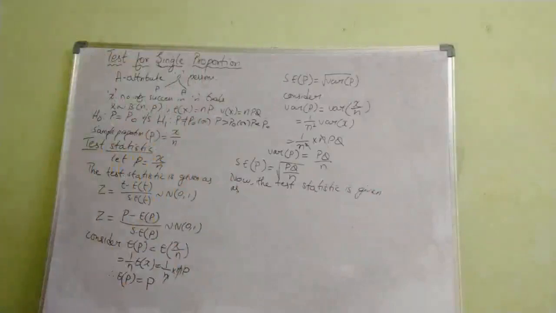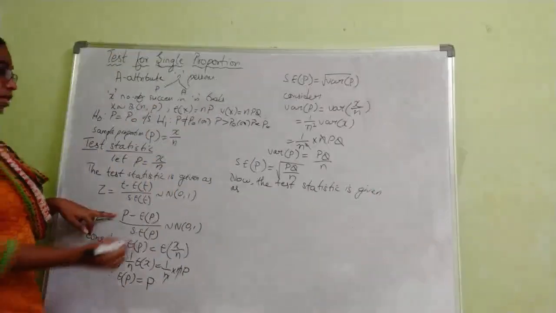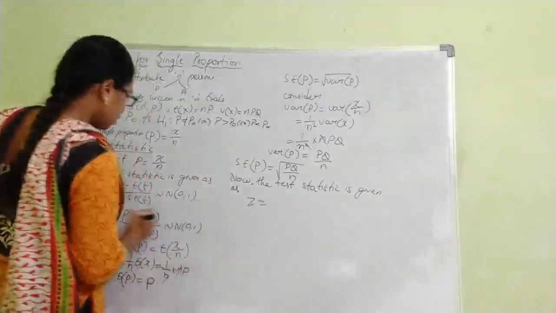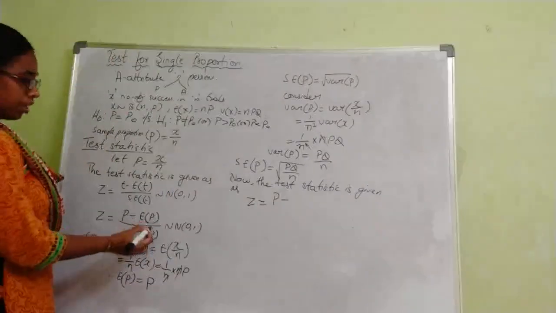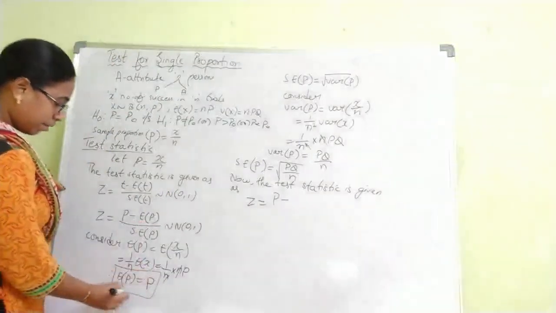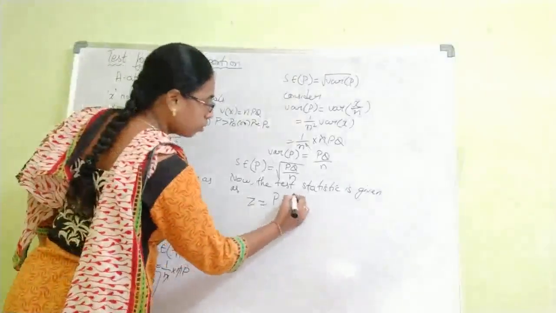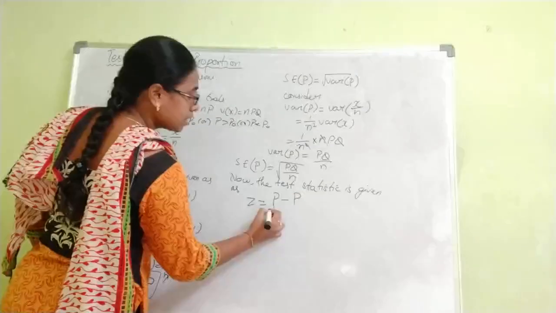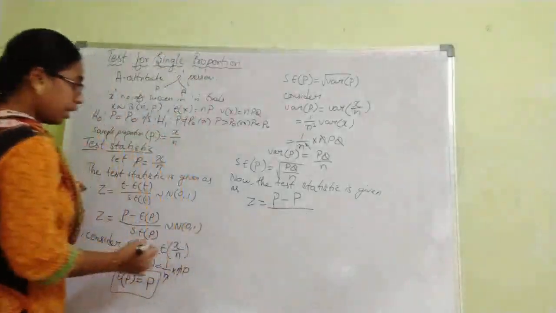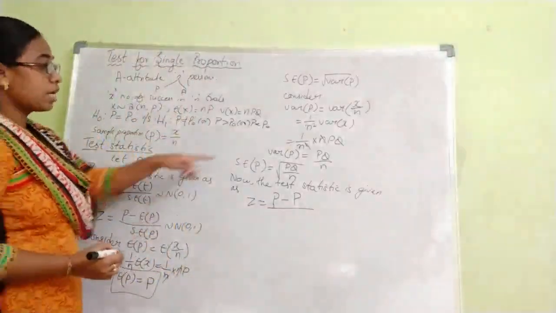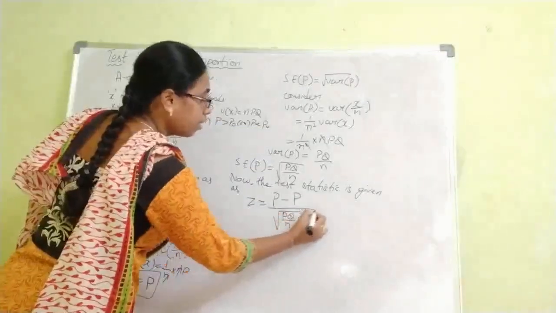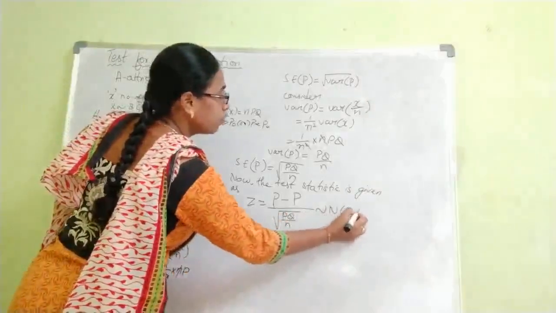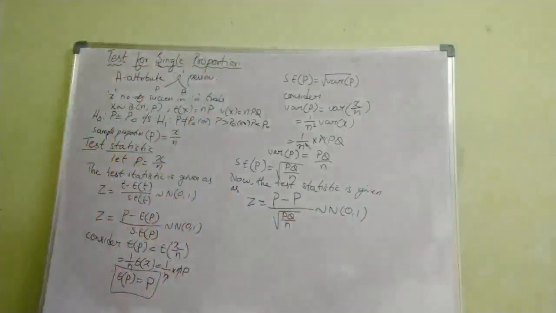Substitute these values: z equals small p, that is the proportion, minus the expectation of p value, which we got as capital P, the population proportion or the probability, so small p minus capital P, divided by the standard error of P. Standard error of P value, we got it as square root of PQ by N, which follows the normal distribution with 0, 1. So now this is the general test statistic.